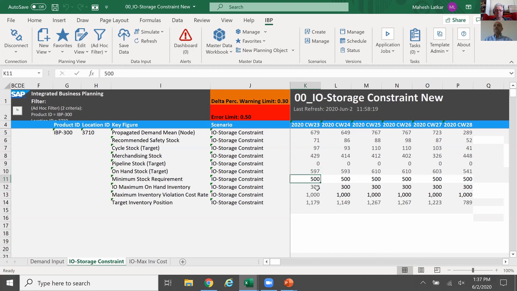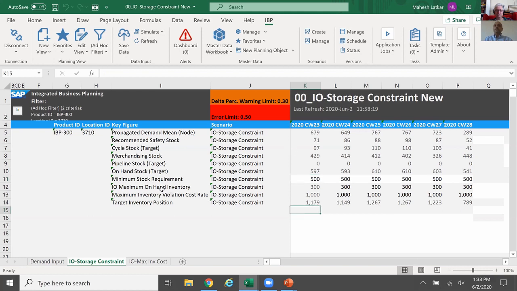We'll talk about hard constraint versus soft constraint. This minimum stock requirement key figure is one of the inputs to the optimizer, and this becomes your hard constraint. Any min and max lot sizes or those key figures are called hard constraints.